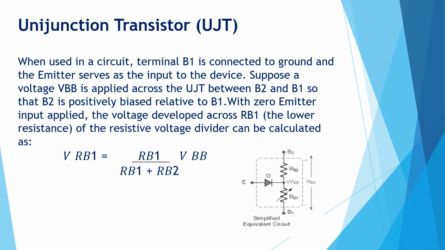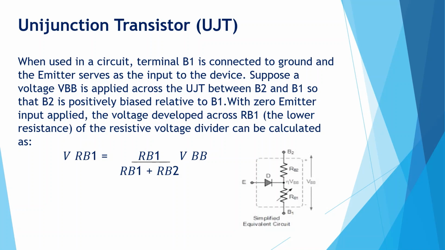When used in the circuit, terminal B1 is connected to ground, which means B2 will be connected to positive potential, and the emitter serves as the input to the device. This is the emitter where we have a PN junction diode. As soon as the VBB potential is applied, there will be a potential drop across RB1 and a potential drop across RB2.